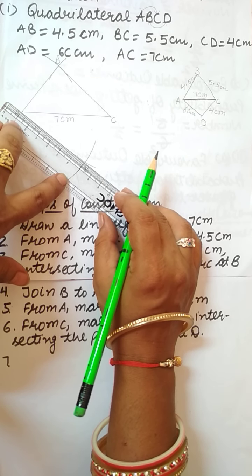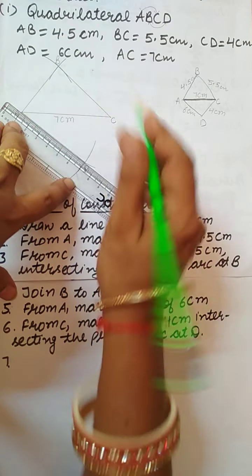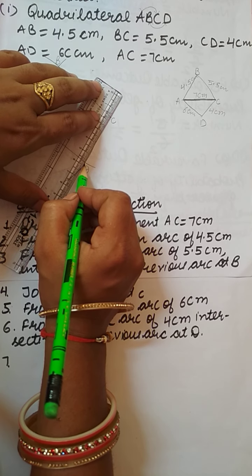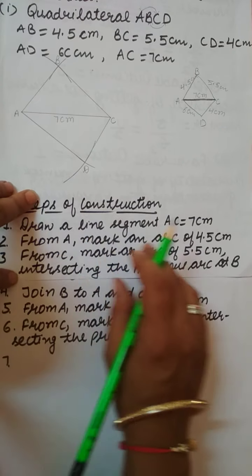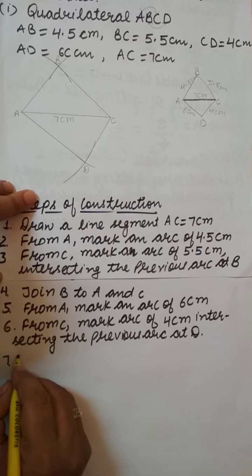Now the next step is to join D to A and C. So this is the required quadrilateral.